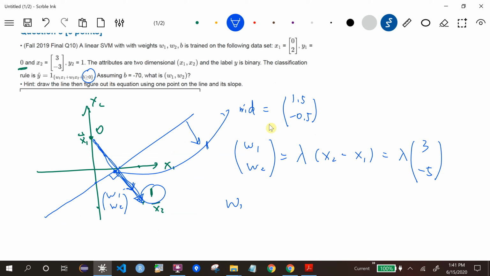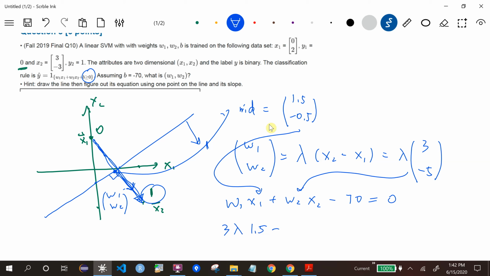So this line is W1 times x1 plus W2 x2 plus b = -70 is 0, and this point is on the line, and W, we know the expression, so 3 lambda times 1.5 plus -5 lambda times -0.5 minus 70 is 0.